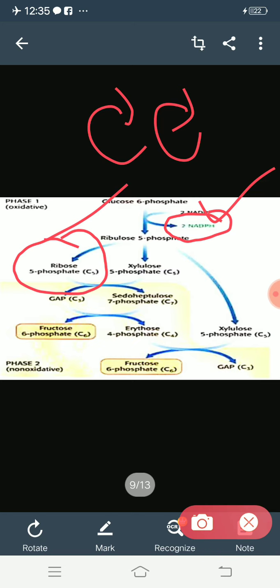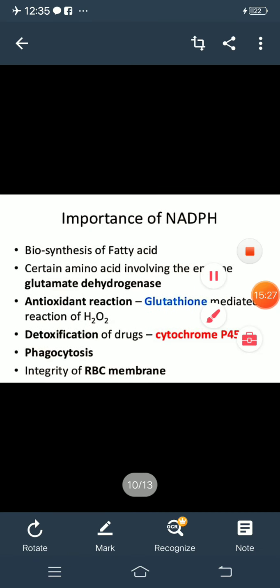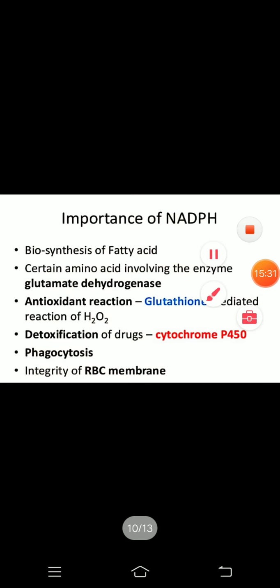Now we'll see what is the importance of this NADPH molecule. Why is it necessary in our body? It is very helpful for the synthesis of fatty acids.